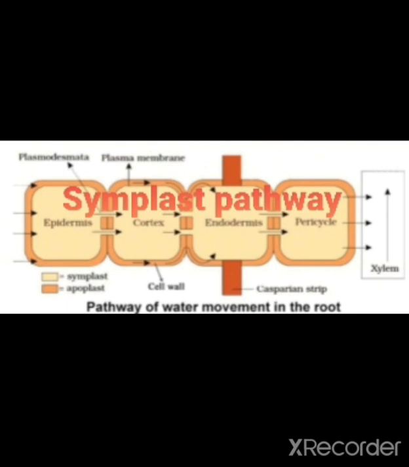Movement is down a potential gradient. Symplastic movement may be aided by cytoplasmic streaming. Its best example is the Hydrilla leaf, in which the movement of chloroplasts due to cytoplasmic streaming is easily visible.